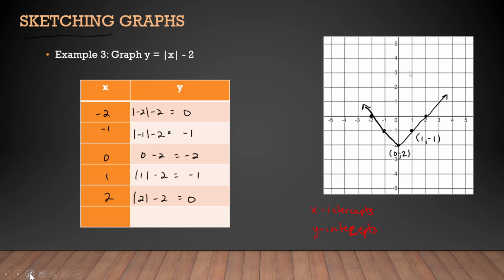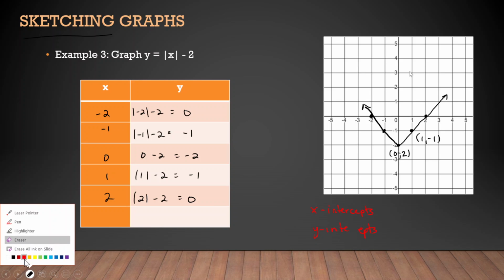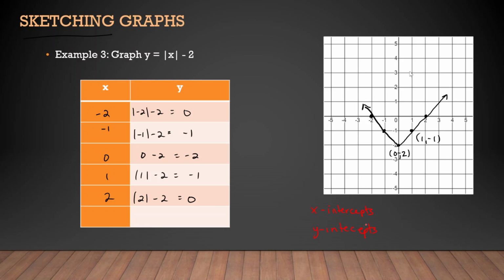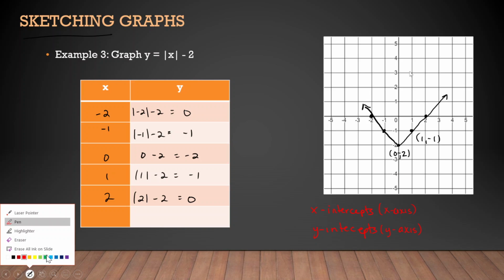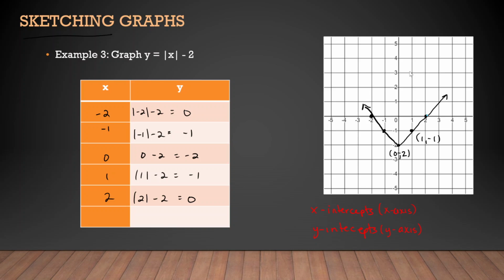X-intercepts are those that intersect the x-axis, and y-intercepts are those where it intersects the y-axis. So on this graph, we have 2 x-intercepts. In this case, they are -2, 0, and 2, 0.